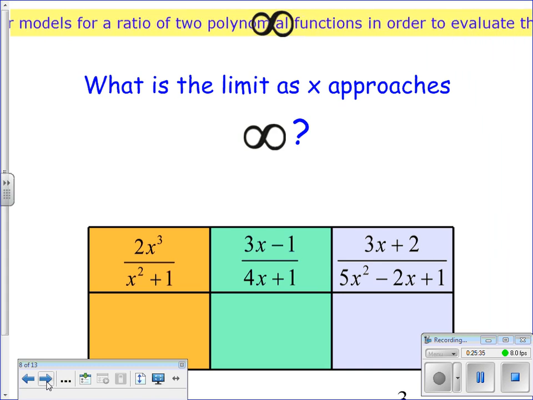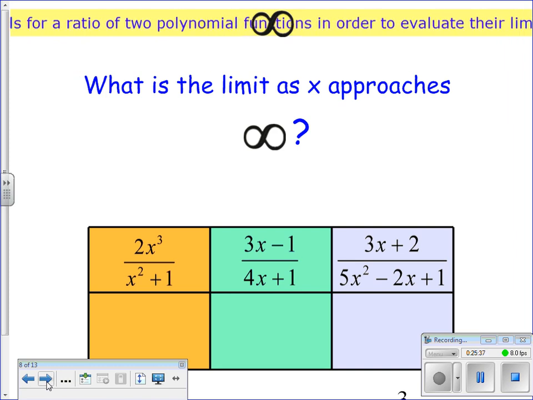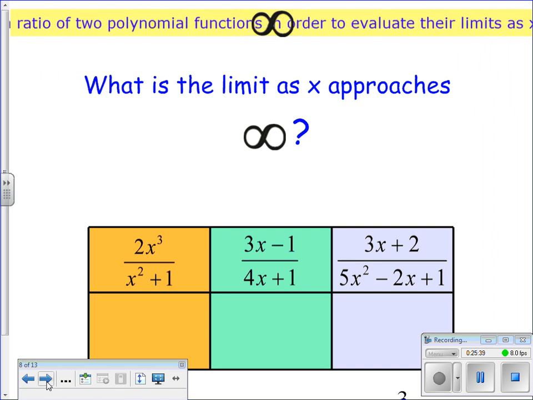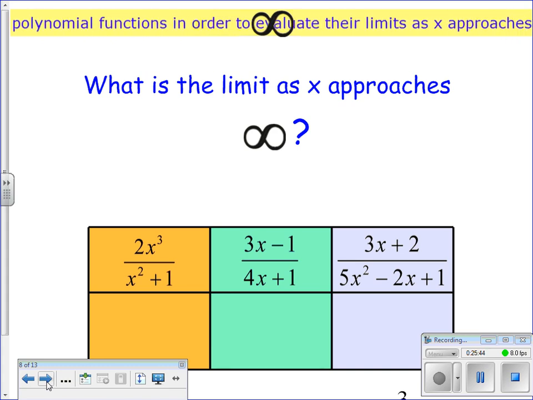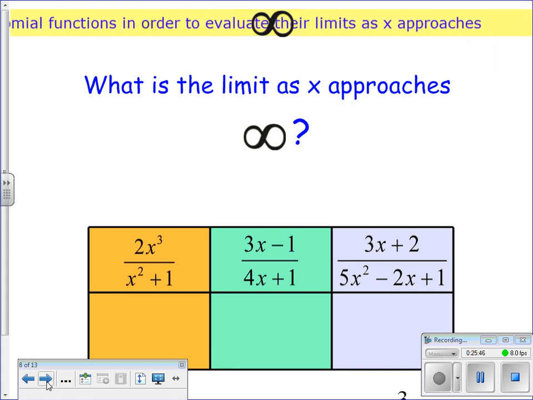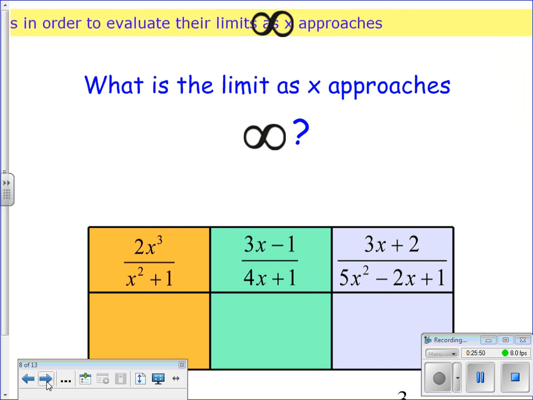If I have rational functions, the ratio of the two largest portions of the polynomial is my end behavior model. So as I approach infinity or negative infinity, if I'm looking for an asymptote, this will tell me whether or not I have an asymptote.